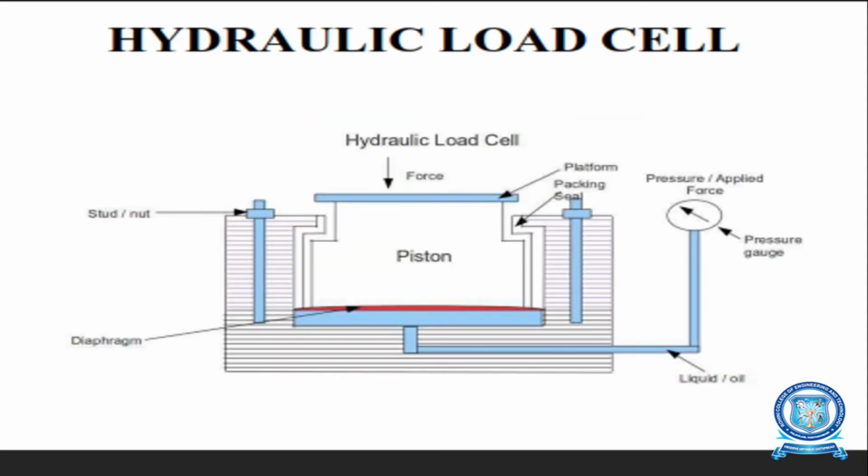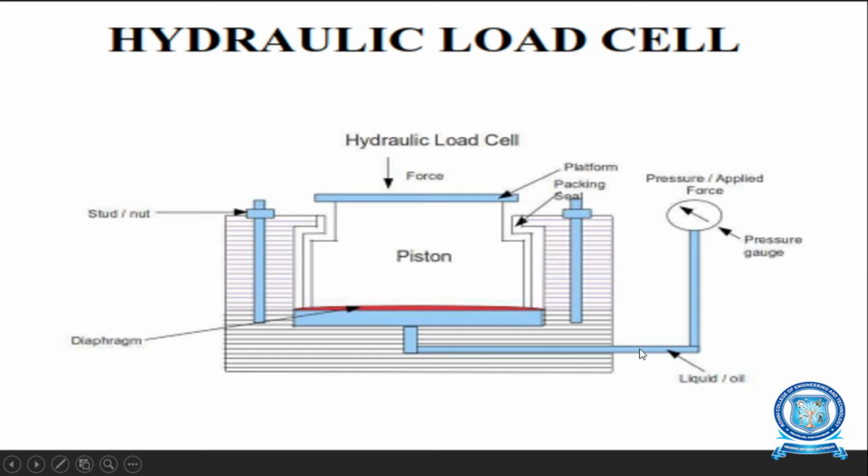Then the next one is the hydraulic load cell. Here we are seeing the cross-sectional view of the hydraulic load cell. Here there's a platform with a piston and a packing seal.